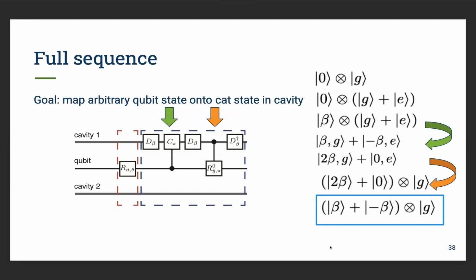One of them is that it's a superposition of both the plus alpha and minus alpha coherent states, either the plus or minus combination of these. But then sometimes they will refer to it at this point as the Schrödinger cat state, where you have, again, the plus and minus combination of the alpha states, but it's still entangled with your qubit.